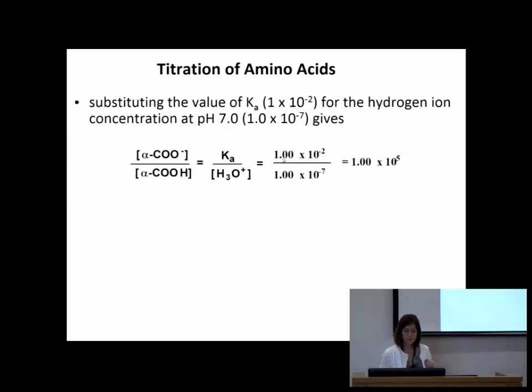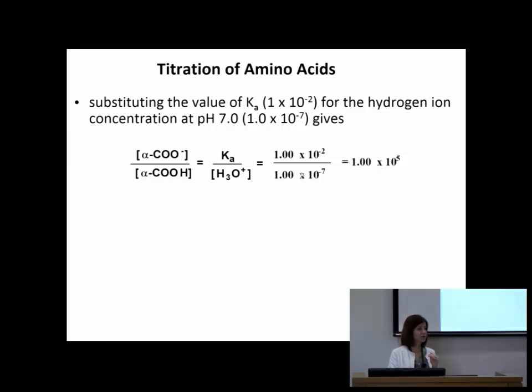What is the ratio? So a pKa of 2 gives a Ka of 1 times 10 to the minus 2. Remember how to do that? Go from a pKa to a Ka: you take 10 to the negative pKa, and that gives you the Ka. Just like pH and hydronium ion concentration, it's the same thing.